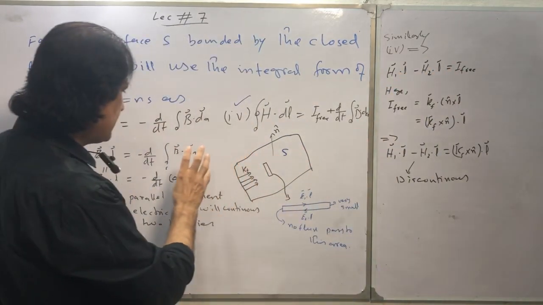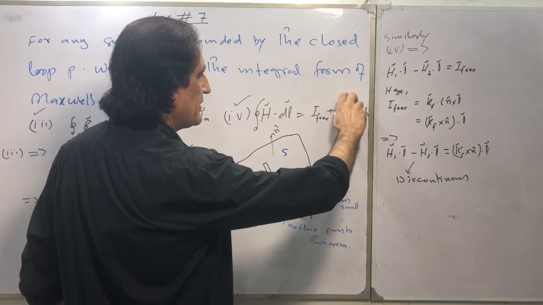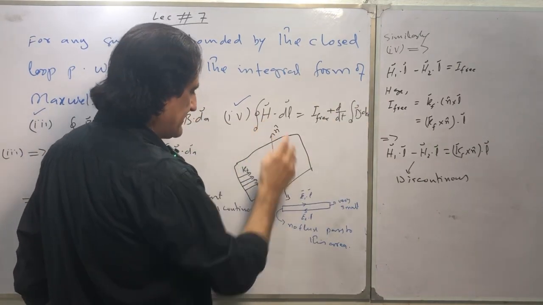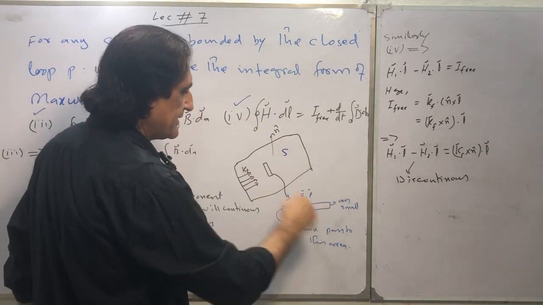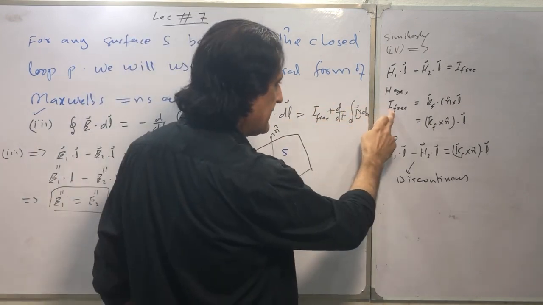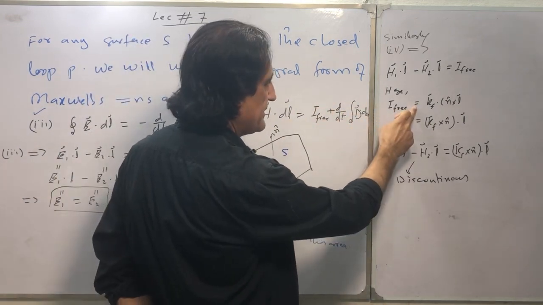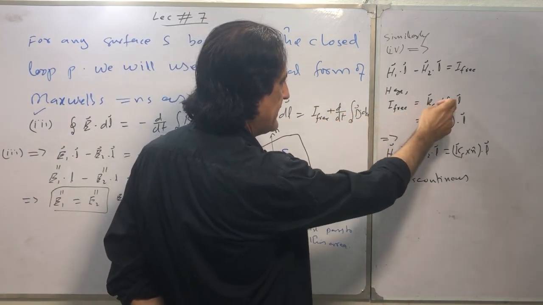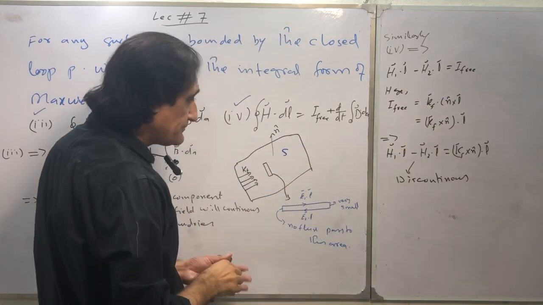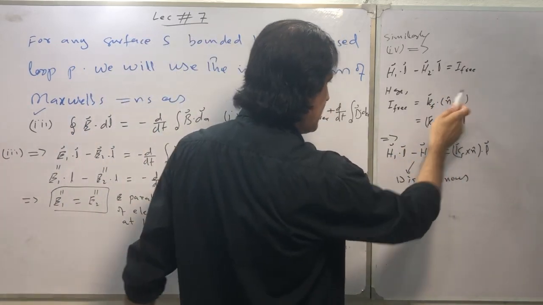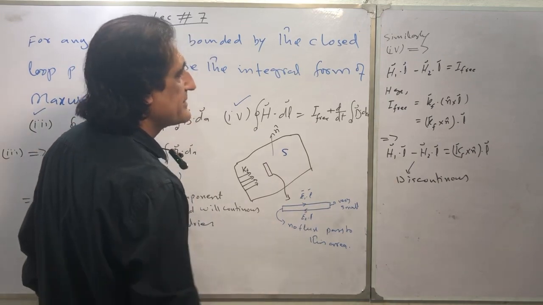Similarly, if we use the fourth one, H1·L minus H2·L is equal to I free, and the other part is equal to 0. For this surface, the free current I free is equal to Kf times N times L, where N is the normal and L is the length of this.